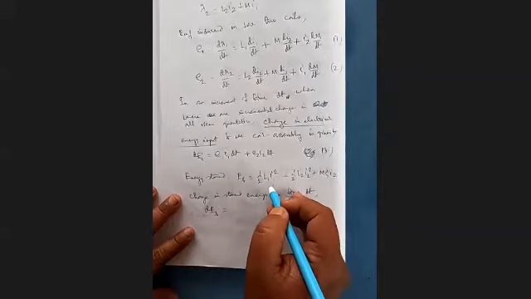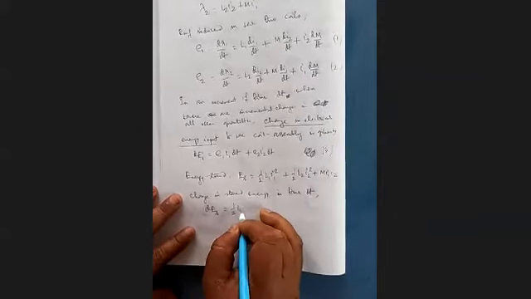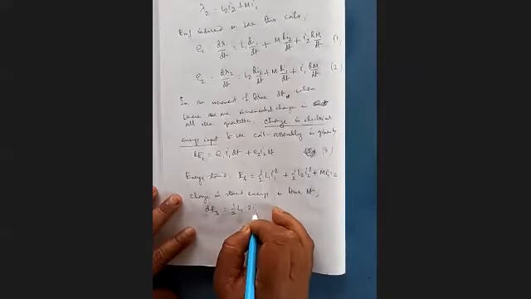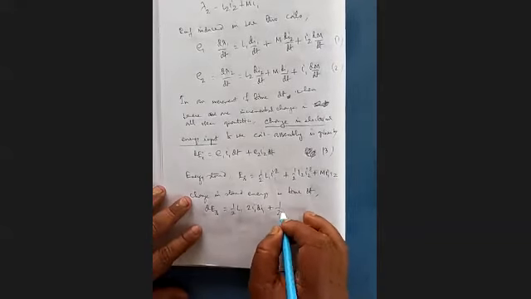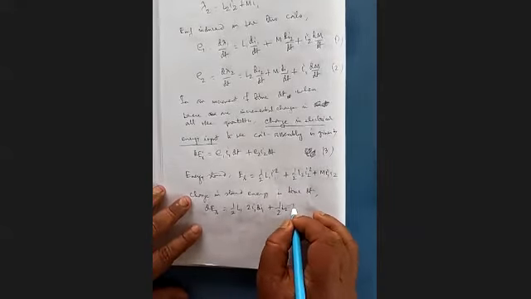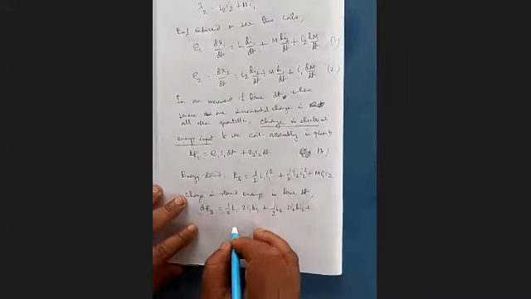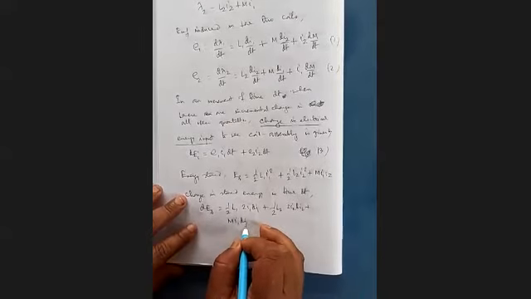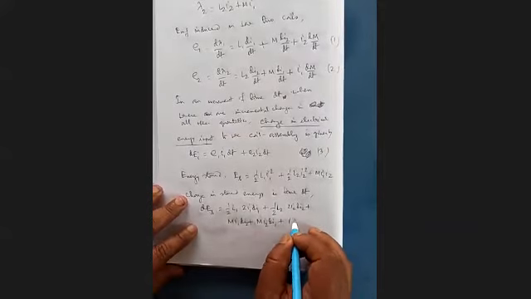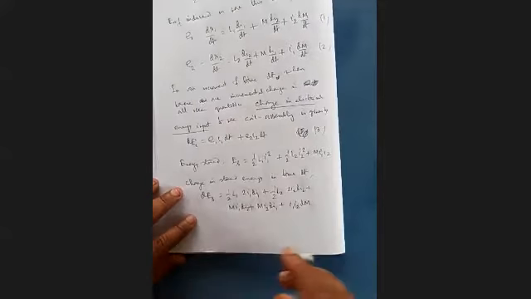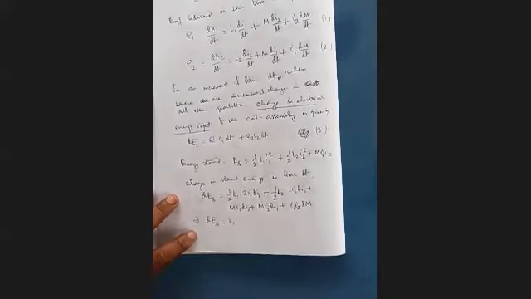It will be half L1 into 2 I1 dI1, since self-inductance is constant, plus half L2 into 2 I2 dI2, plus M I1 dI2 plus M I2 dI1 plus I1 I2 dM.